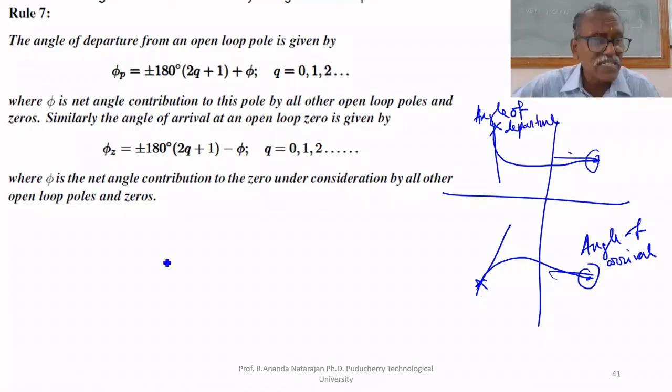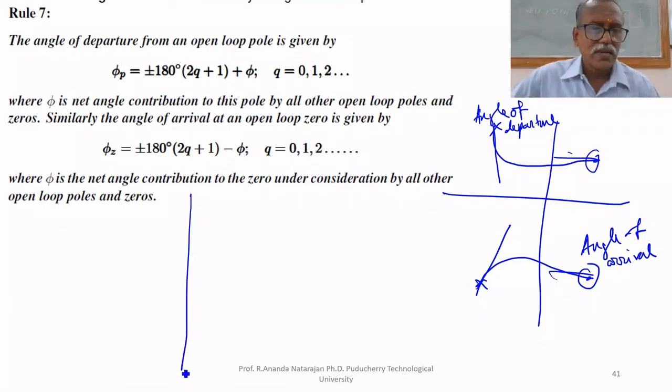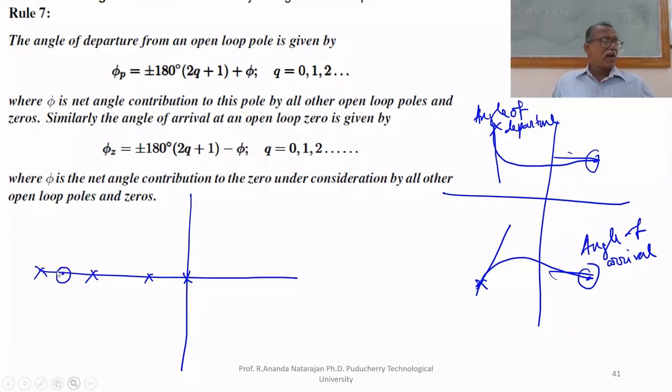Now let us find the angle of departure. Suppose I have a system with 6 poles and 1 zero. For that I have to draw the root locus.